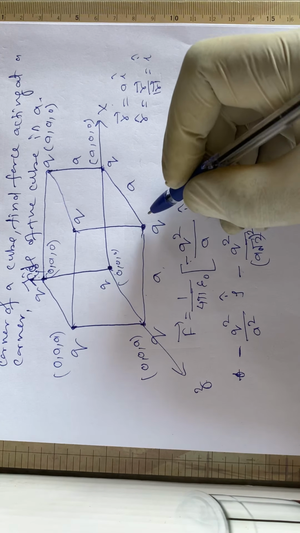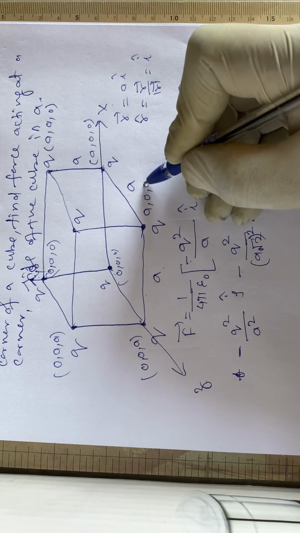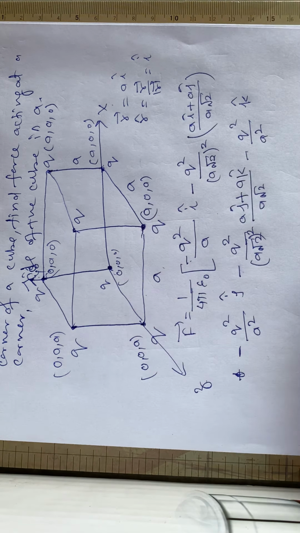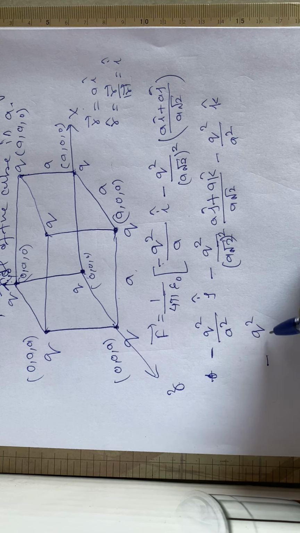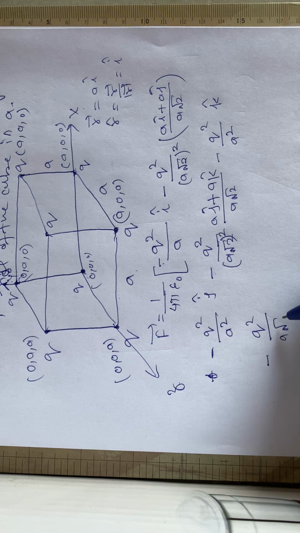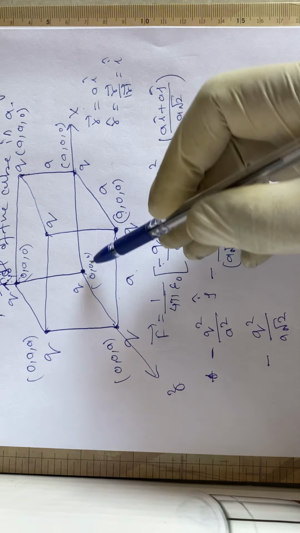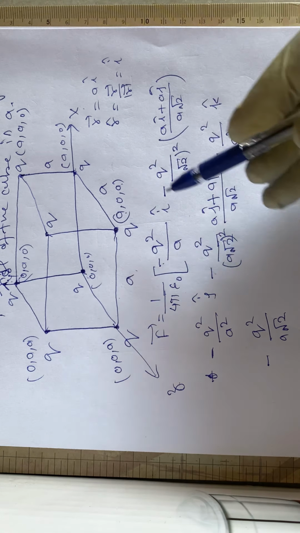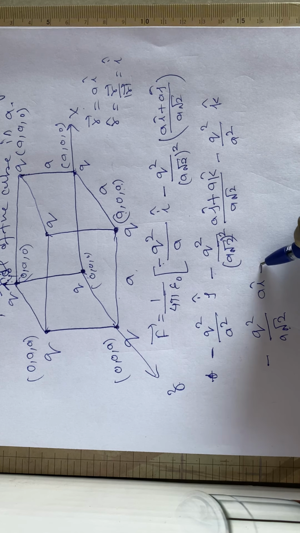Take this point, it would be (A, 0, A). So it's minus q square upon A root 2, because the vector is A i cap plus A k cap. Its magnitude will come out to be A root 2, and the unit vector would be A i plus A k cap upon A root 2.